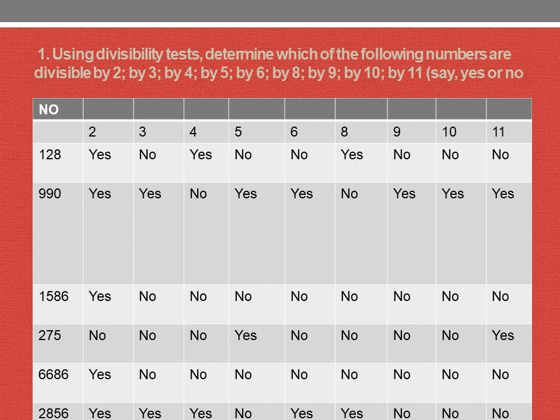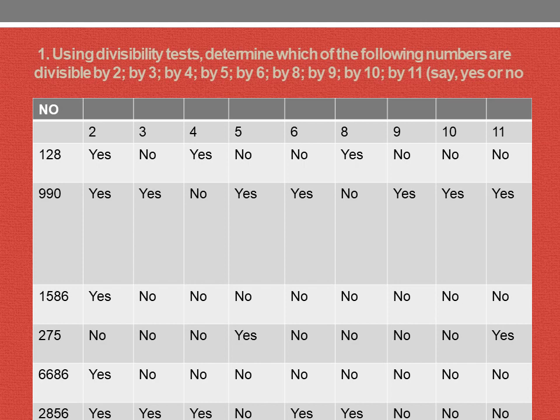It is not there, so it is not divisible by 5. No. With 6 it is no. With 8 it is yes. With 9 it is no. With 10 it is no, because the last digit is not 0. And with 11 it is no.